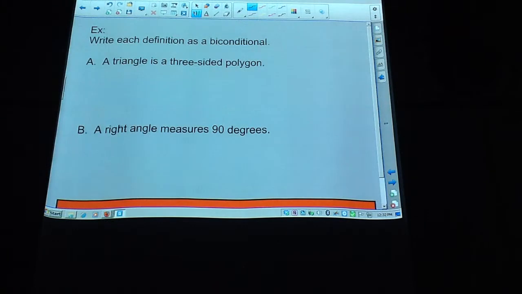Alright, let's move on. Write each definition as a biconditional. They give us a definition, and we're supposed to write it as an if and only if statement.